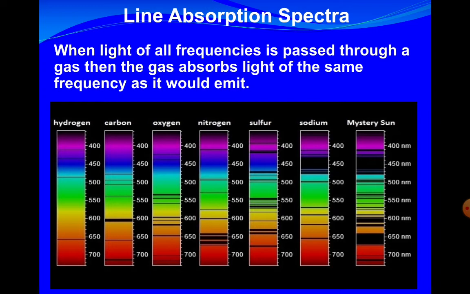When we pass light through an element, we can see which energy levels have been absorbed, which is related to the electron emission spectrum, which we can relate to wavelength or frequency. Each element has its own unique line emission spectrum and line absorption spectrum.